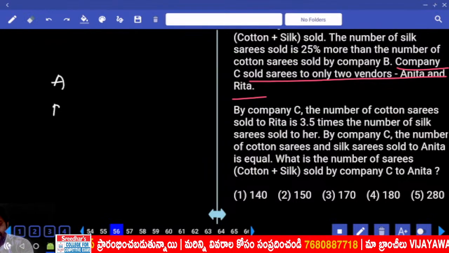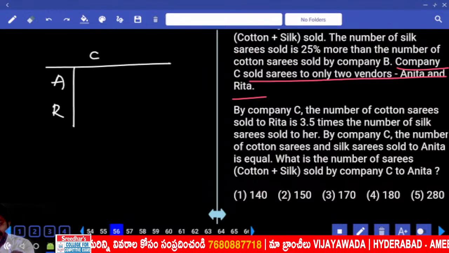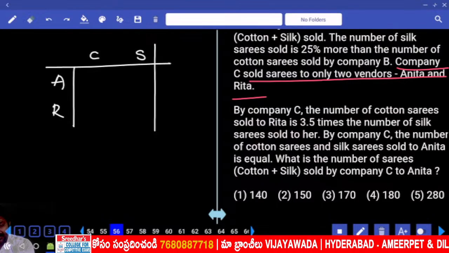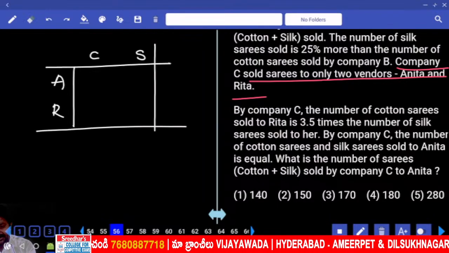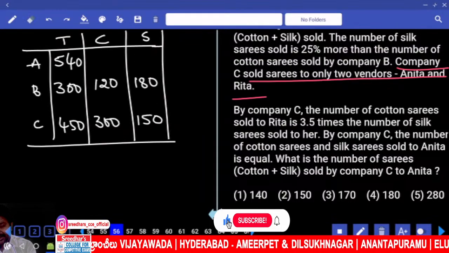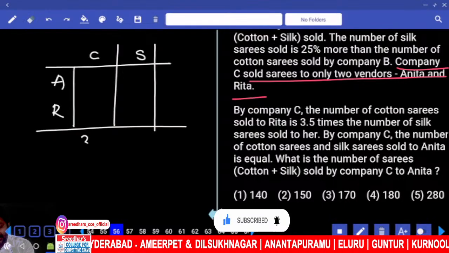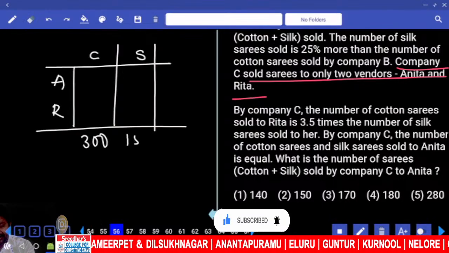Anita and Rita. How many different types of sarees we have? Cotton and silk. Total cotton sarees 300. Silk sarees, total cotton 300, total silk 150.